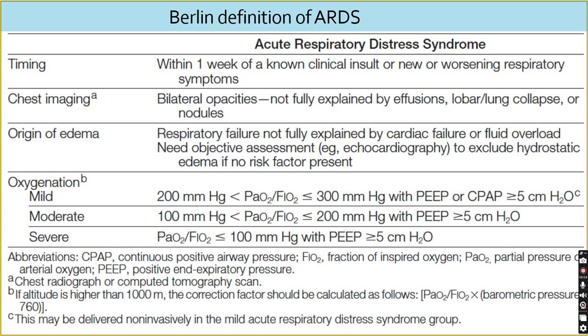So, definition of ARDS. Actually, we have known ARDS for more than 50 years, and the first definition came in 1994, where the European and American Societies of Critical Care came together and found a consensus definition.